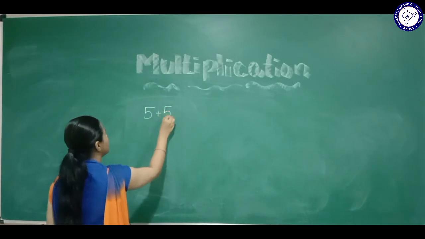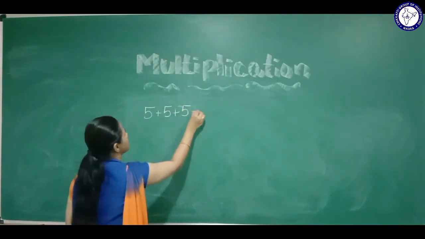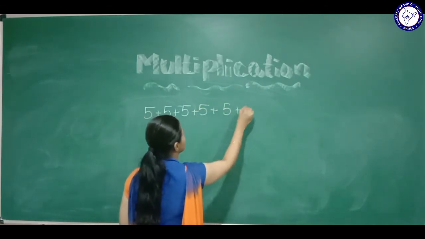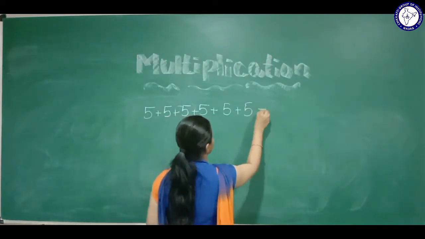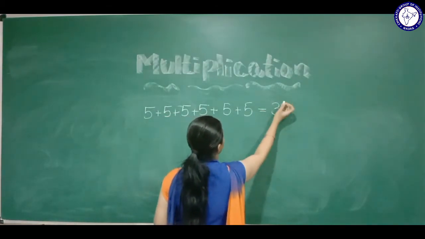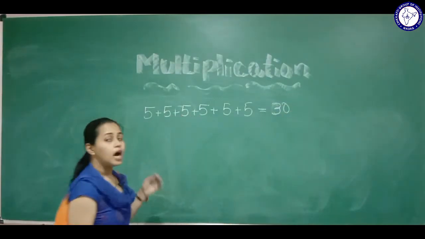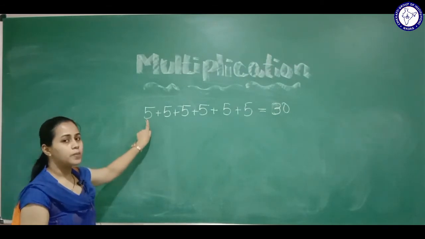Can you tell me how to write this? Okay, so it's a 30, right? So how do we write it as a multiplication? What is this number?